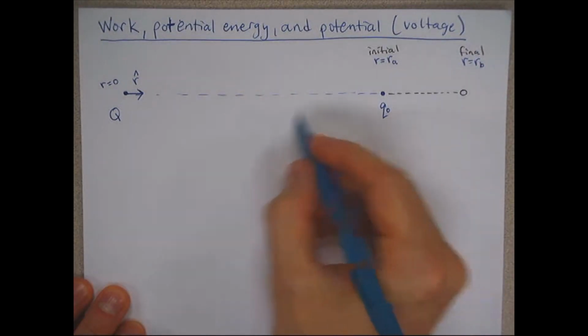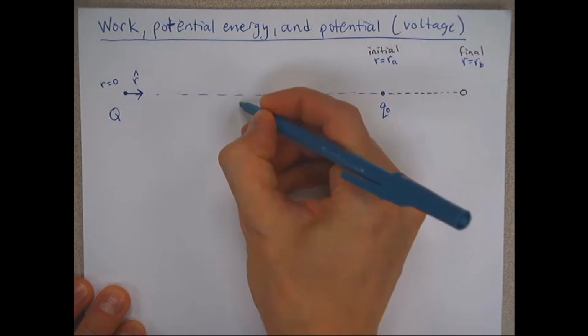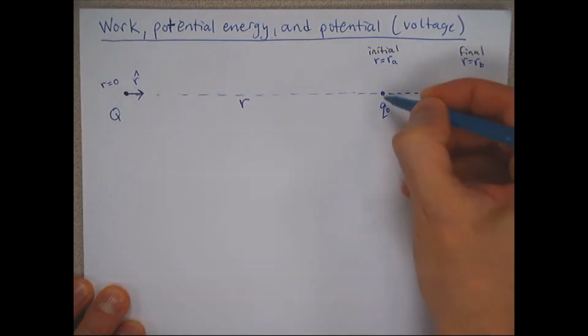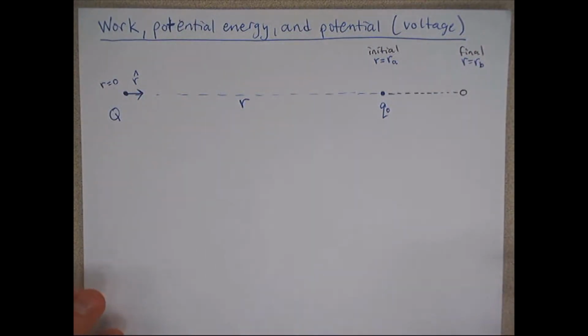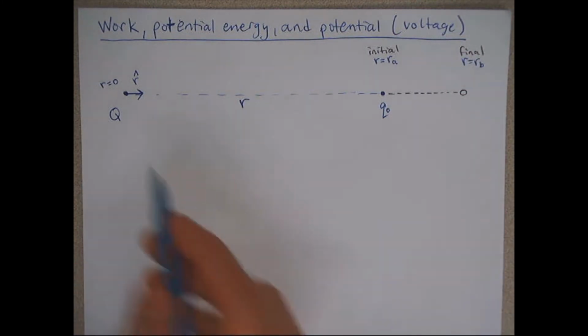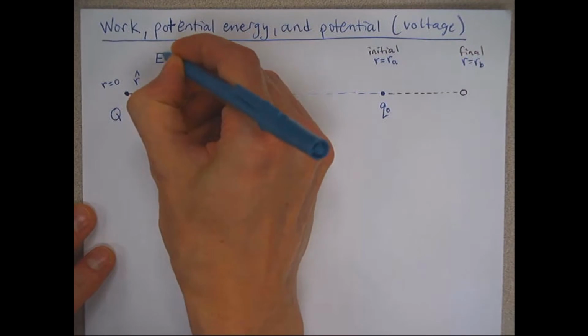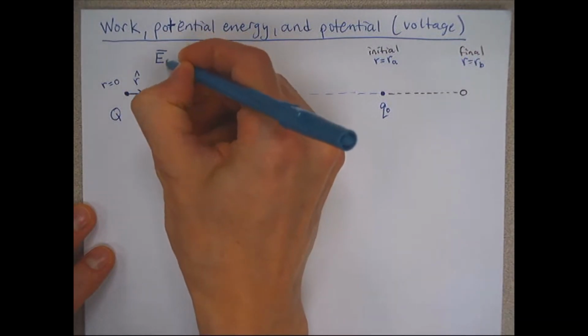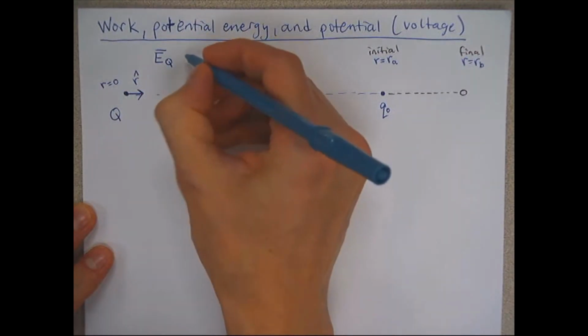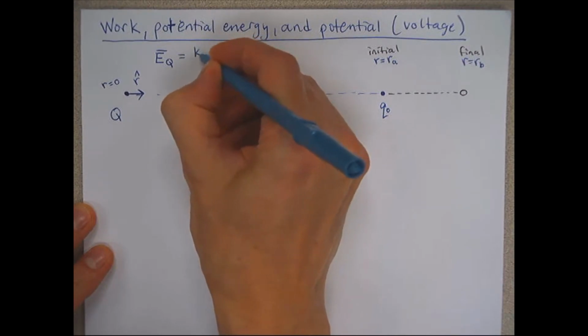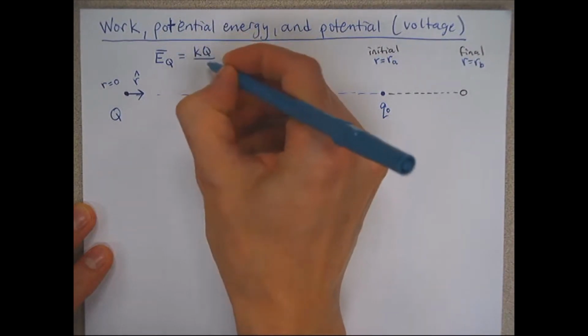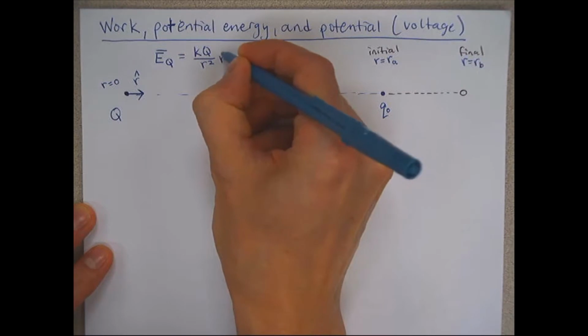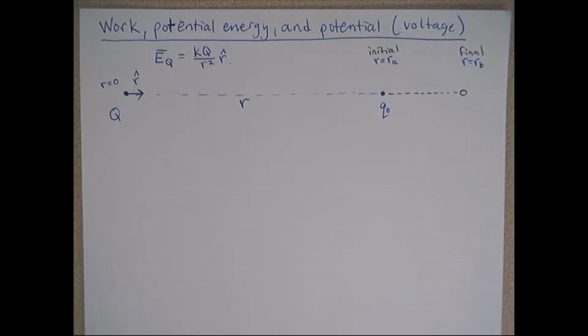At any moment, the distance between our source charge, capital Q, and the test charge, q naught, will be variable lowercase r. We know the electric field created by this source charge, and that's kQ over r squared, pointing in the r hat direction.